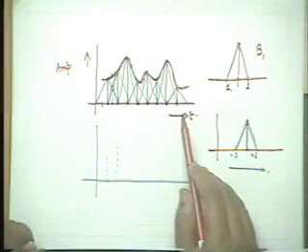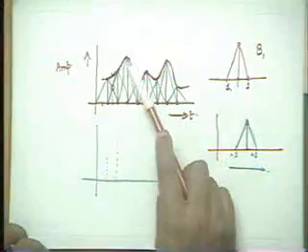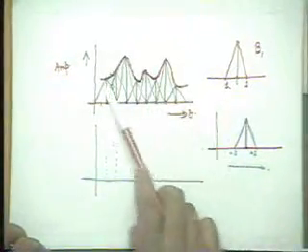Is that clear? So this is the physical interpretation of our interpolating function. Really speaking, we have to convolve the original function with this kind of interpolating function, and then what we get is the combined effect of this.